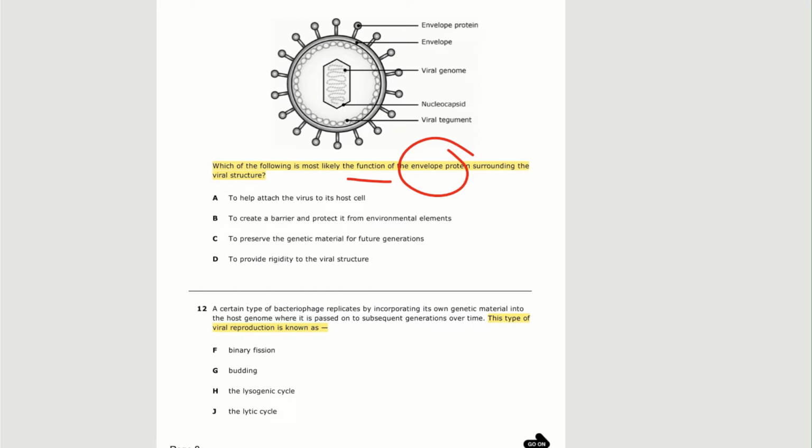So, which of the following is most likely the function of the envelope protein surrounding the viral structure? So, here's the envelope protein on the outside. And what do you think it does? It looks like little sticks, right?